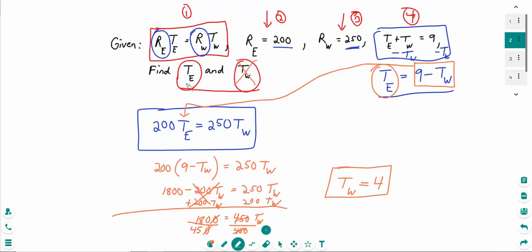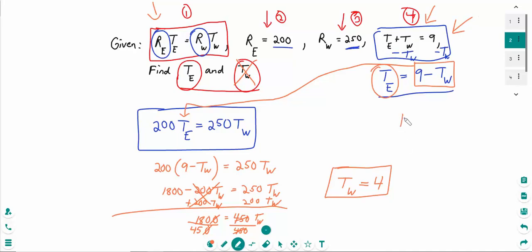But we still have the t sub e. So what's the t sub e? Well, we could go back to either this equation or this equation. They both have t sub w in them. But in this one, we'd have to also plug in r sub w and r sub e again. So we'll just go to this equation, I think. And we'll take that t sub e plus t sub w. We know what t sub w is.